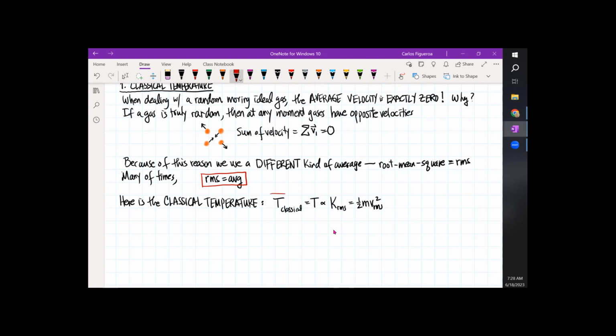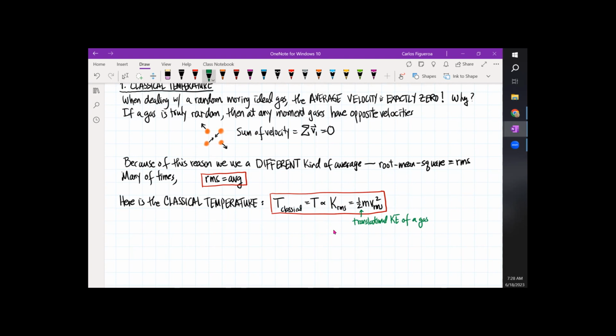Now, this is a very interesting definition for the following reason. What this really tells me is that temperature is really the translational kinetic energy of a gas.